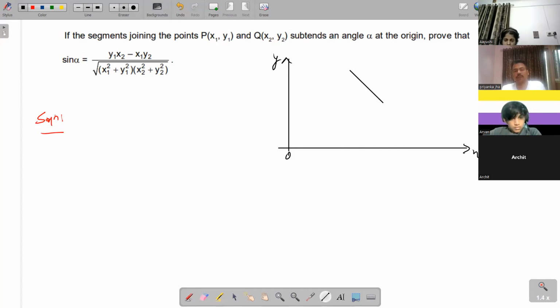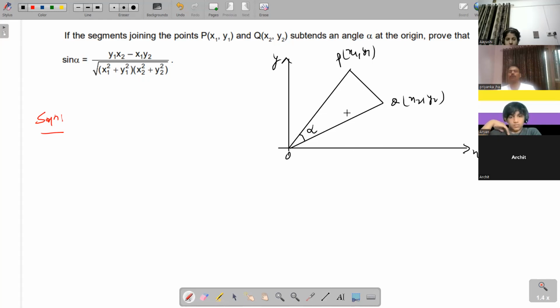Suppose this is P and this is Q. The coordinate of this point will be x1, y1, and the coordinate of this point will be x2, y2. So this segment subtends some angle at the origin. Draw it like this. This angle is alpha because segment PQ subtends this much angle at the origin. So you have to find sin alpha.